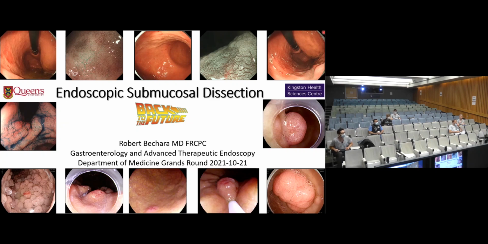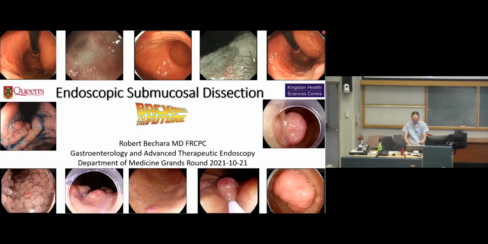So it's my pleasure today to introduce our Grand Round speaker, Dr. Rob Bechara from Queen's University in Kingston. Dr. Bechara did his medical training and gastroenterology training in Toronto and Kingston before doing therapeutic endoscopy at St. Michael's in Toronto.